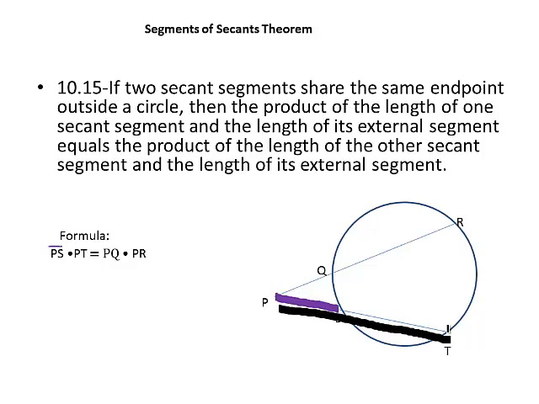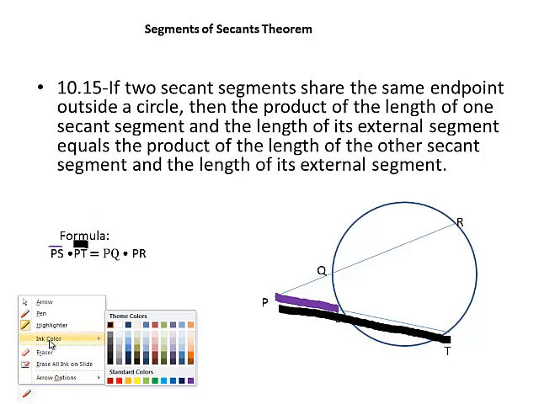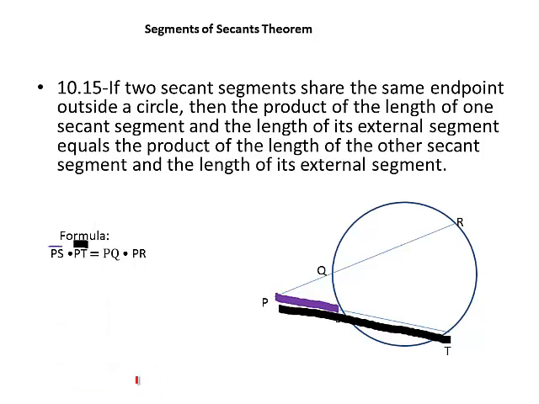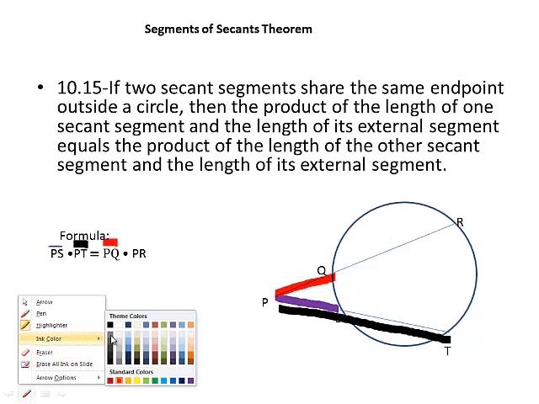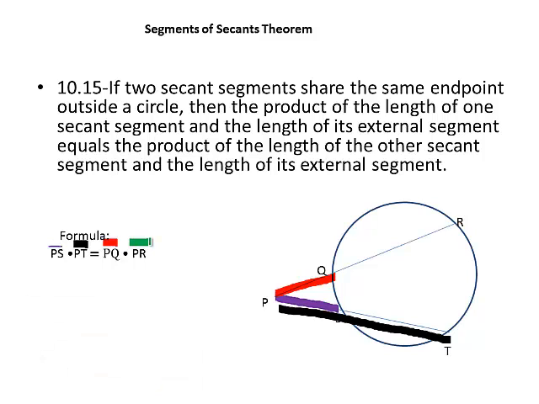In this case, you have to make sure it's the entire length of the secant. So once you have that, you go to the other one, which is the external segment here, which is PQ. So PQ I'm going to do in red. And then the entire length of the secant, which is going to be green, we'll do PR in green. And again, it's the entire length, not the individual segments like in the previous theorem.